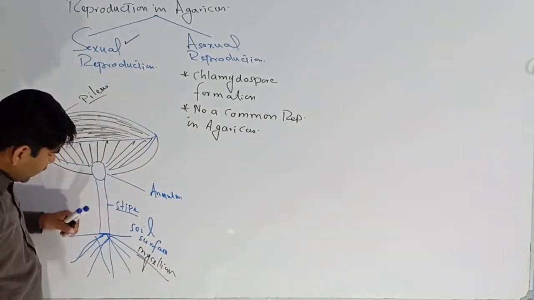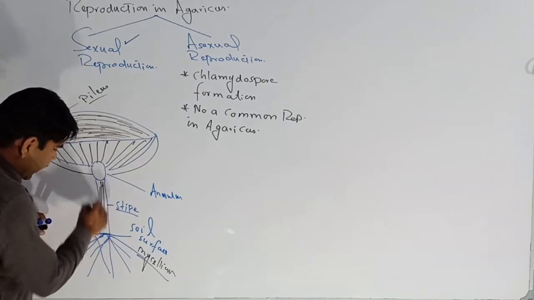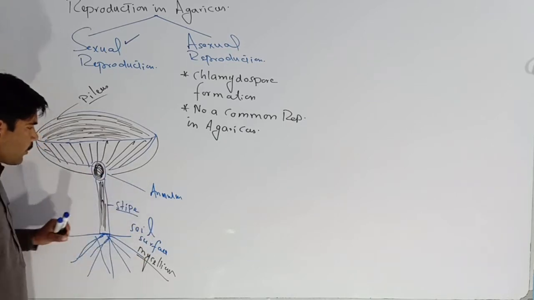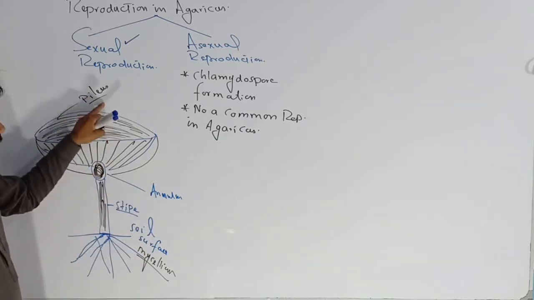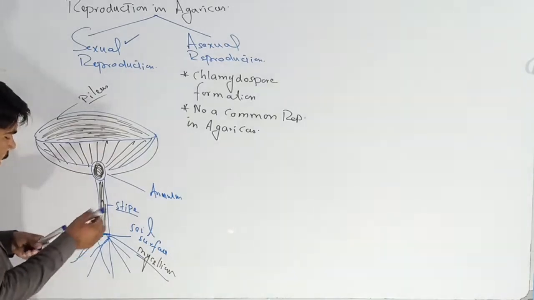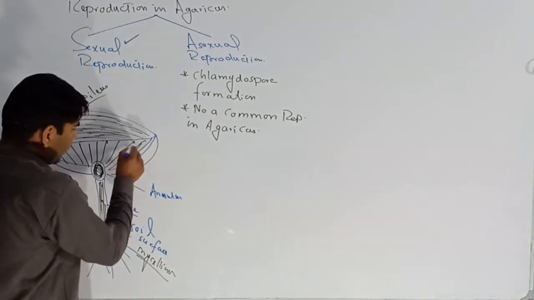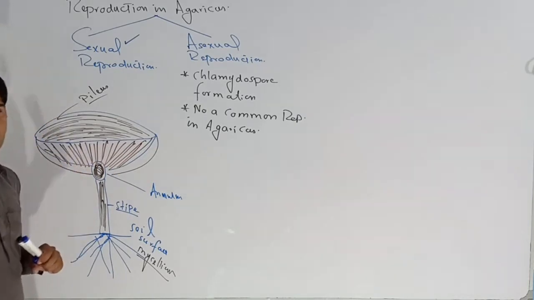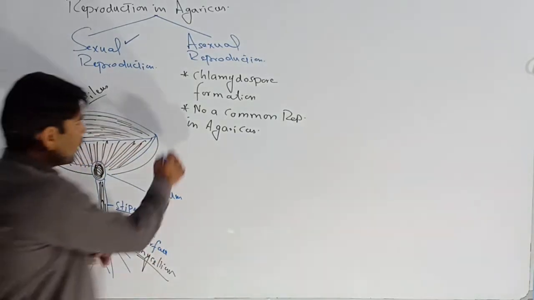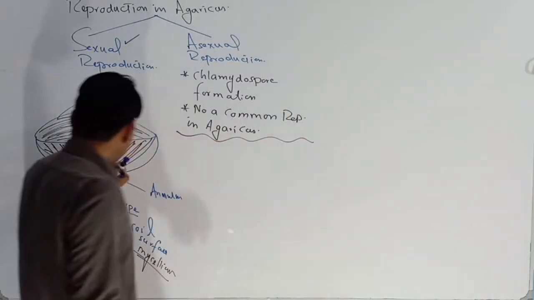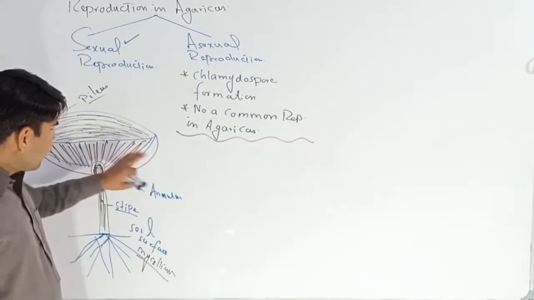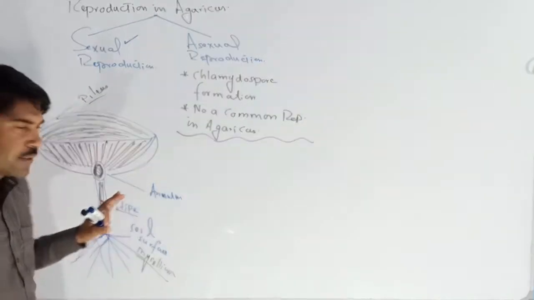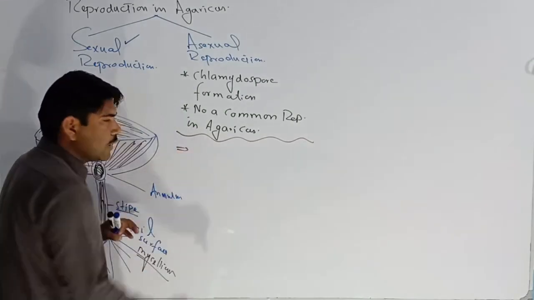This is the portion which is known as stipe, and at the apical portion of this stipe is the annulus, and the upper portion is known as pileus, and these structures are known as gills, and these gills are involved in the sexual reproduction actually. So how will we relate the sexual reproduction with these gills? Firstly we have to learn about these gills.